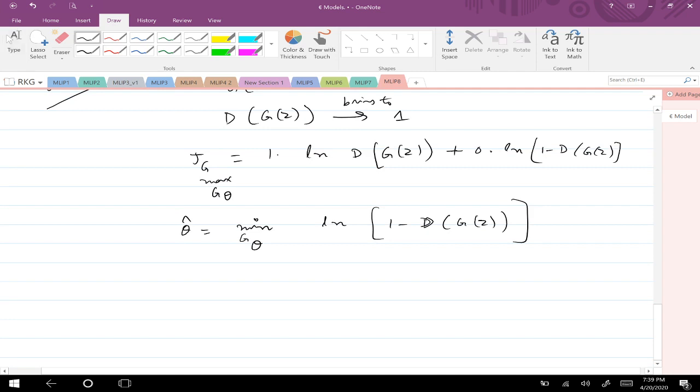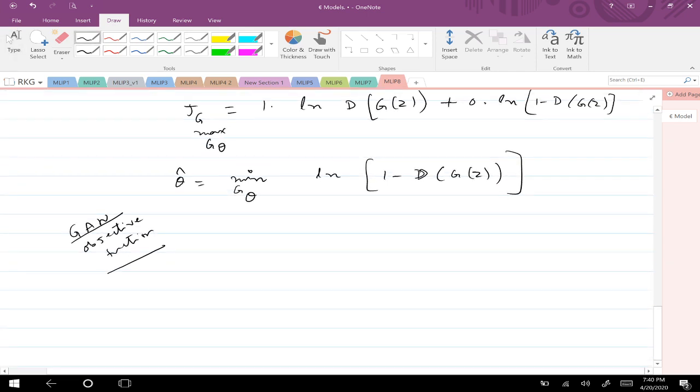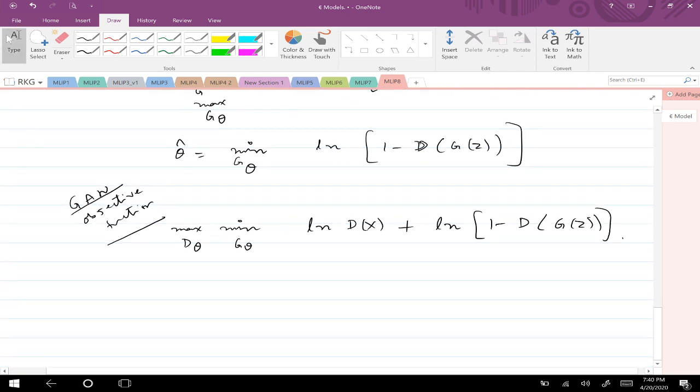So now the overall objective of GANs is to minimize with respect to the parameters of the generator and maximize with respect to the parameters of the discriminator the cost ln of D of x plus ln of 1 minus D of G of Z. This is the objective that GANs try to optimize.